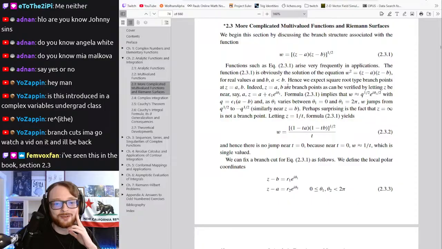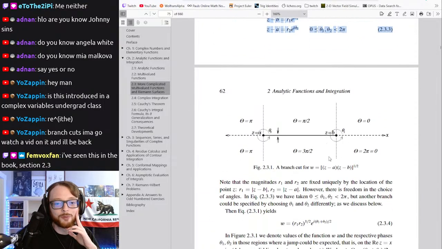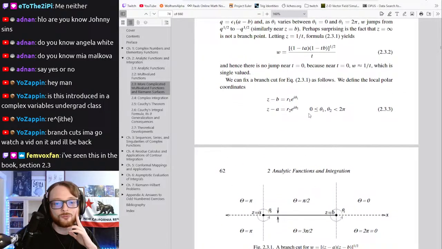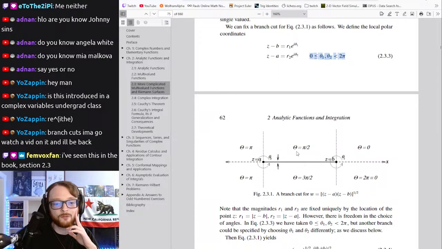And so I'm trying to slowly work my way through just this beginning part. The thing I really want to know is how does this choice of theta 1 and theta 2 actually fix this particular branch cut? So right now I'm trying to reconstruct this chart they have here and understand what they're actually saying, because as written, it makes very little sense to me.